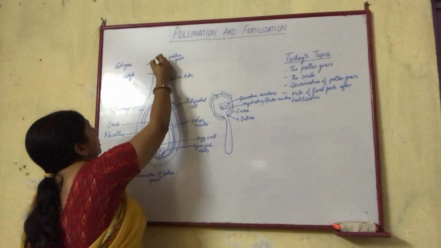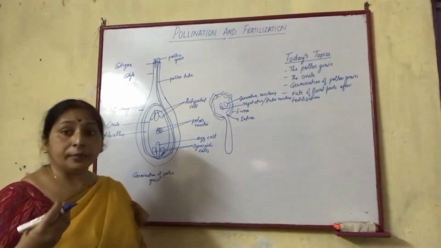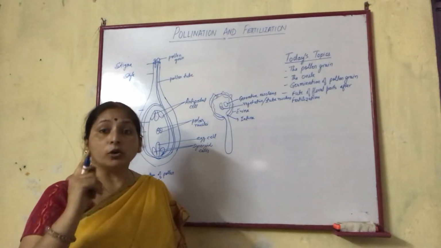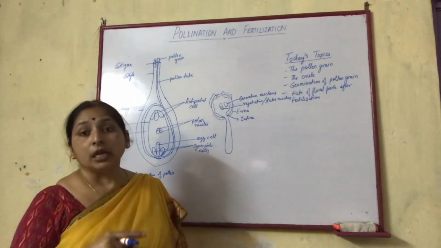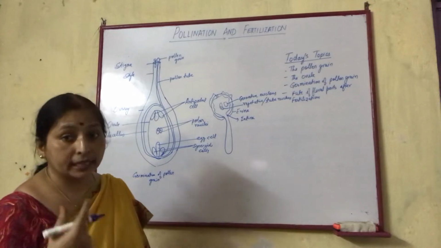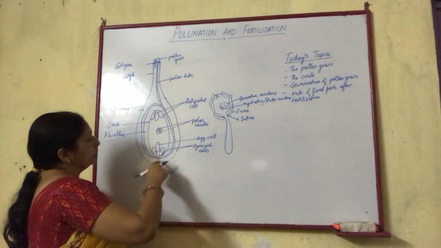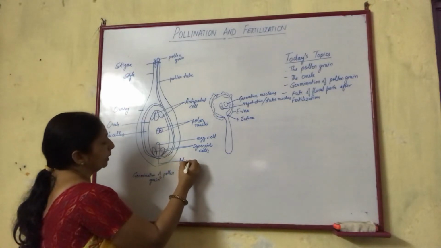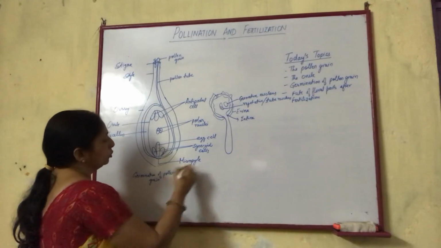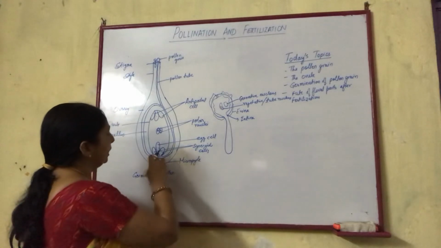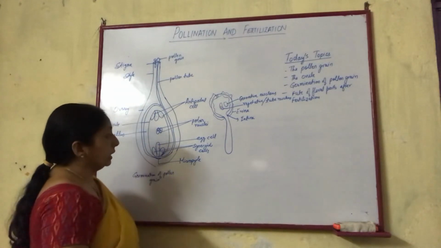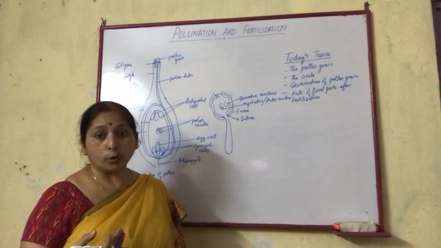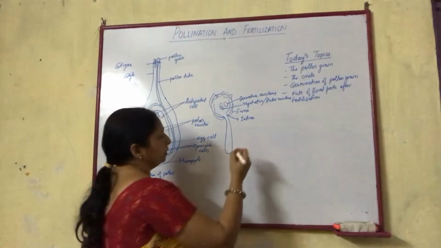But the chemoreceptors allow only one pollen tube to enter and fertilize the ovule, through the micropylar end, the micropyle. Through the micropylar end, the pollen tube enters and fuses with the egg cell, and one of the nuclei fuses with the polar nuclei. So there are two fusions.